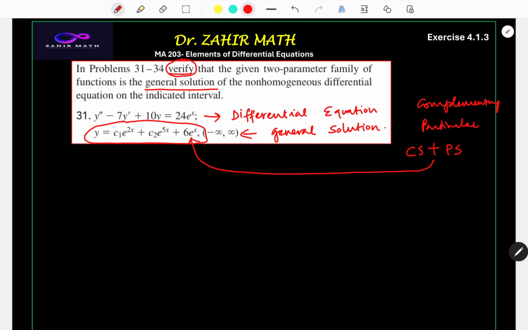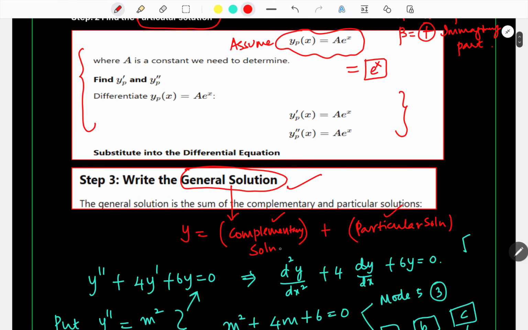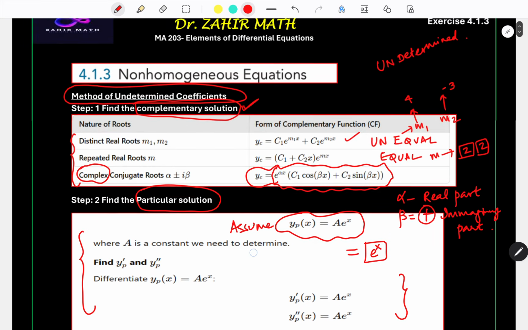Once again, I'll repeat. The question is to verify that this is your general solution for the differential equation. What do you mean by general solution? General solution means complementary solution plus particular solution. Step number 1 is the complementary solution.